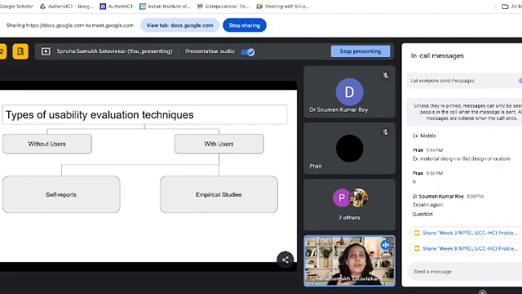We decide the sample of the users that are going to go through our system. Then we collect their data. We give them a questionnaire, and we collect the data based on those variables, and we analyze the scores for that specific variable through statistical analysis. So that's what we did in empirical study.